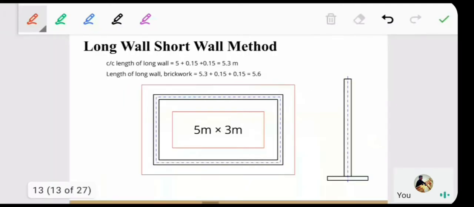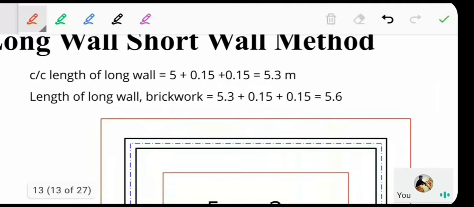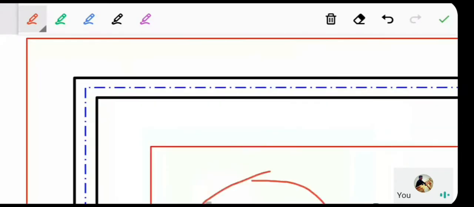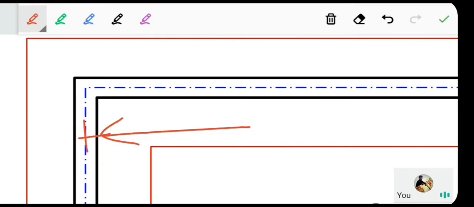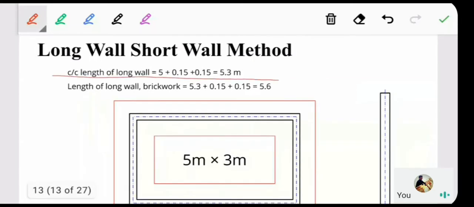So first, calculating the center line length of the long wall, that will be the 5, that is your length of the room, whatever the dimension of your room is, 5 plus 0.15 plus 0.15. Up to here your 5 is there, plus you have to take half because it is the center line, so this will be your 0.15. On the other side, again there will be 0.15. So the center line length for the long wall will be 5 plus 0.15 plus 0.15, that will give us the center line length as 5.3 meter.